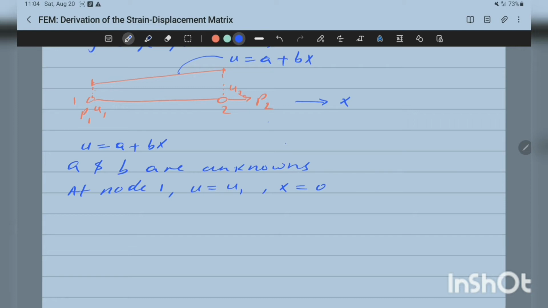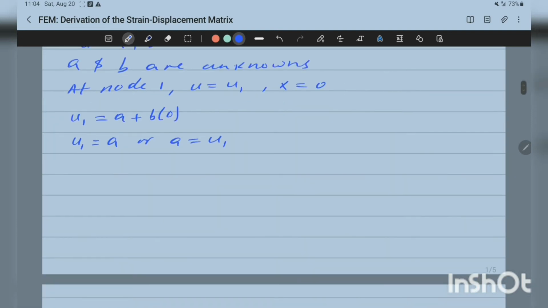So at node 1, x is 0 and the displacement is u1. Let's substitute back in this equation: u1 is equal to a plus b times 0, and therefore u1 equals a, or a equals u1.